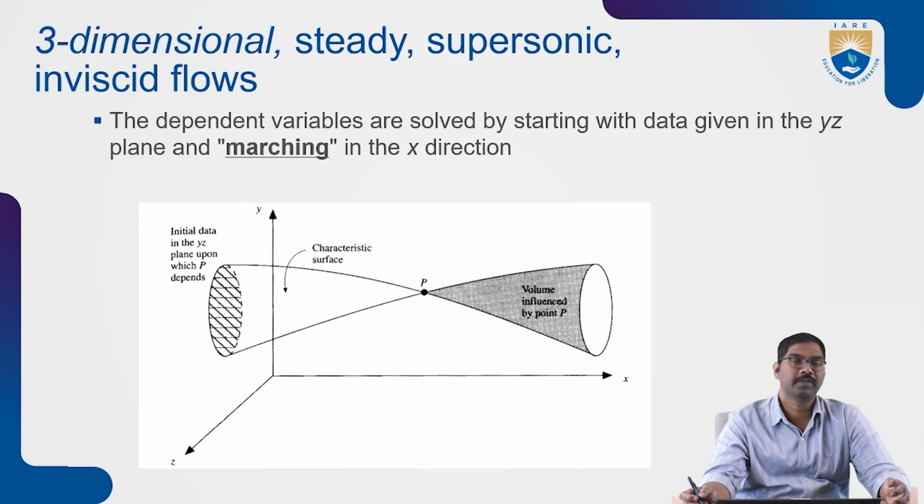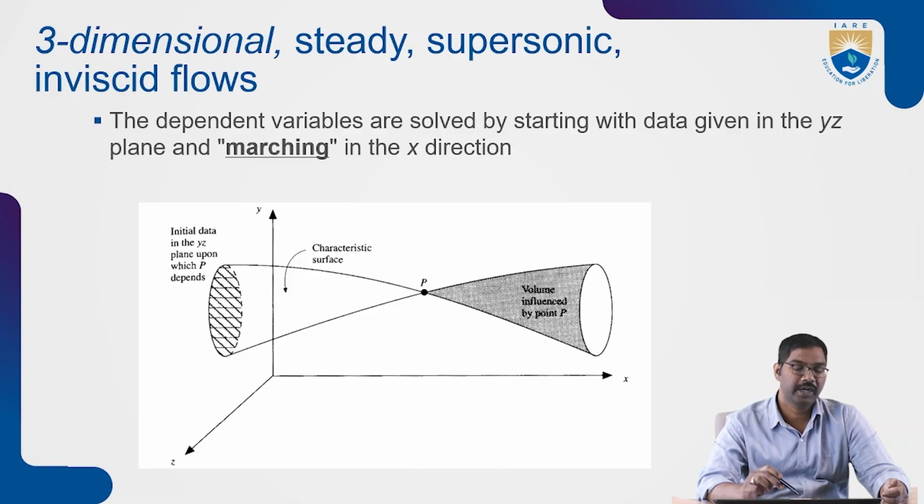Similarly, if you are going to consider three-dimensional steady supersonic inviscid flows, only one dimension has been increased, but the methodology is going to be the same. Here we are also following the marching solution in the x direction, and the volume of influence of point P and the domain of dependence for the point P are shown, similar to the previous two-dimensional case.